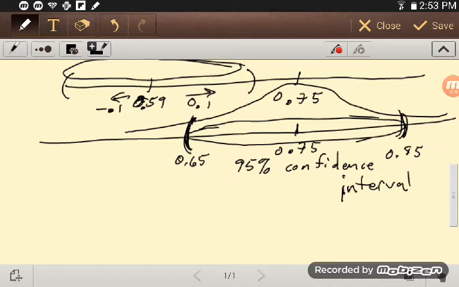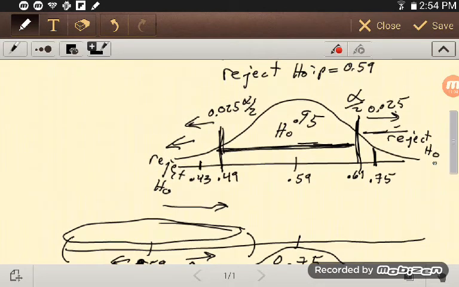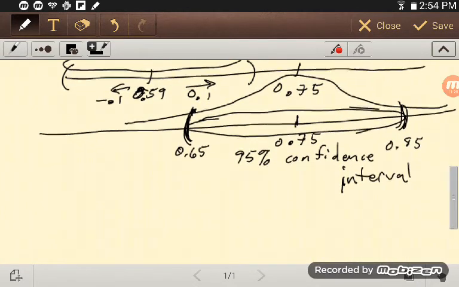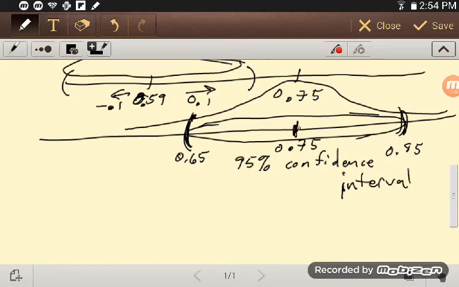Okay, so our confidence interval is really the same idea as this region where we do not reject H0. It's just that we've grabbed it here and we've moved it so it's centered over our data instead. But if we now thought of our data as our best guess, our best guess is that the proportion is 0.75.